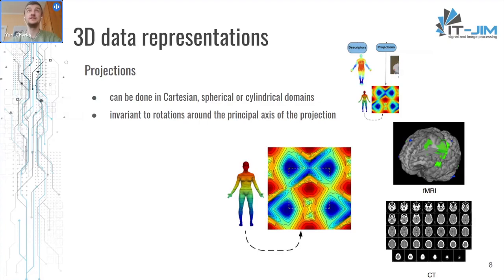Usually the latter two are used because they have more universal properties to work with such projections. And if we do such projections properly, they can be invariant to rotations around some principal axis, as in this example.